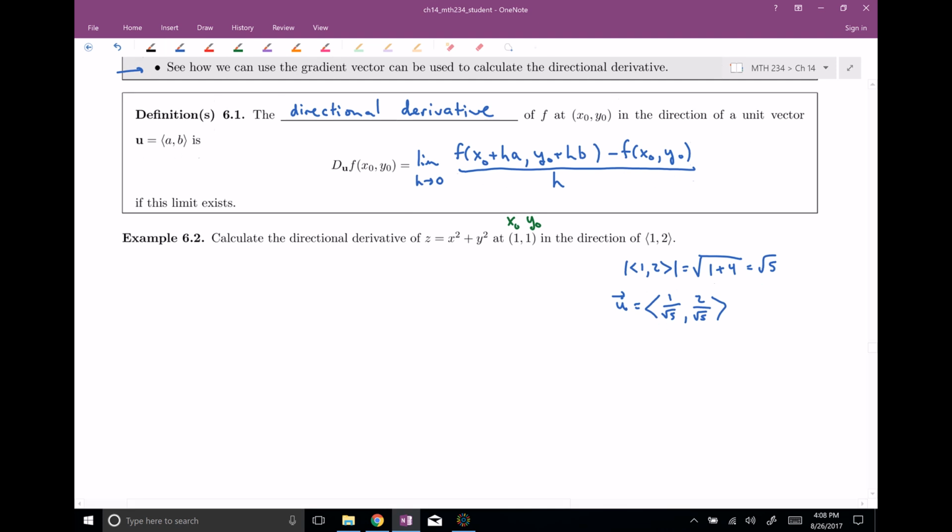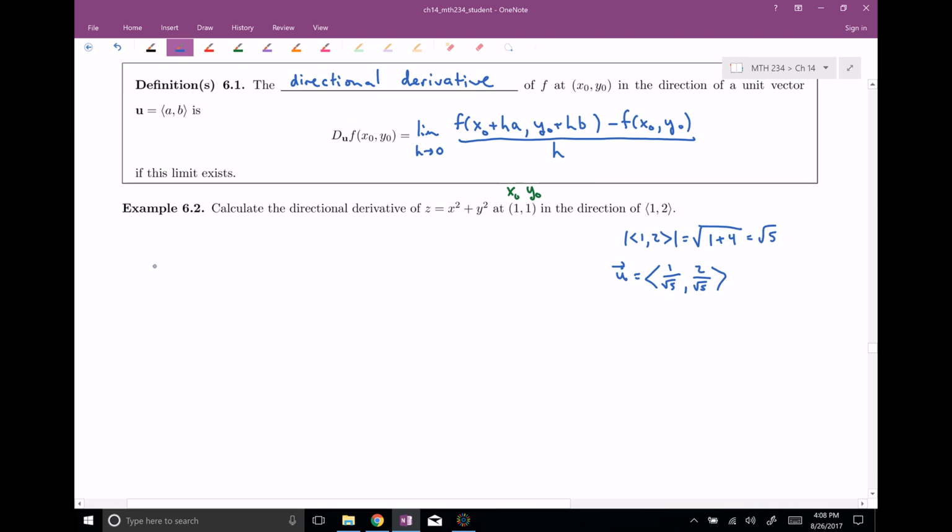Okay, so now let's go ahead and write down our definition. So we want the derivative in the direction of u of our surface f. So here's our f surface right here, x squared plus y squared, at 1, 1. So this is going to be the limit as h goes to 0. And okay, so first thing, we need to go ahead and calculate this.